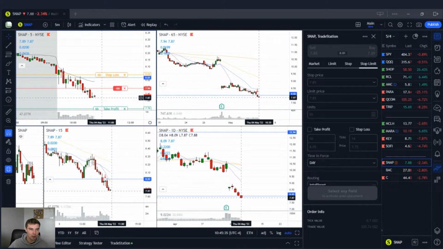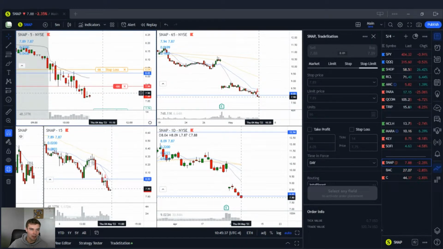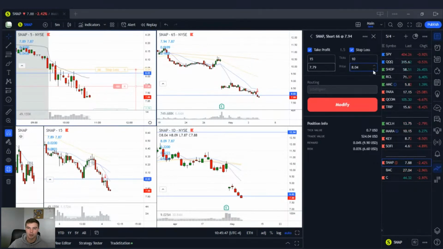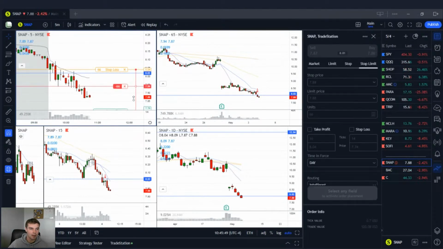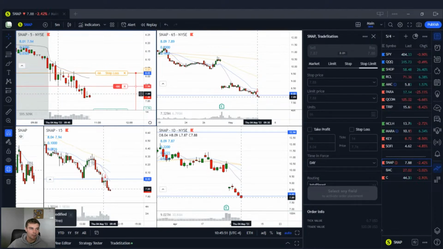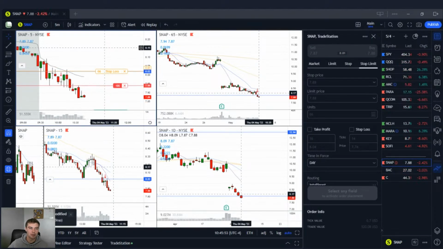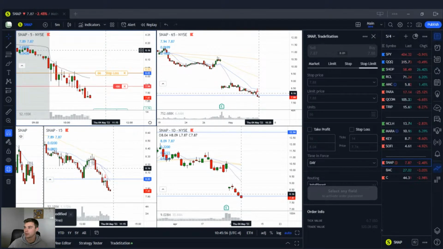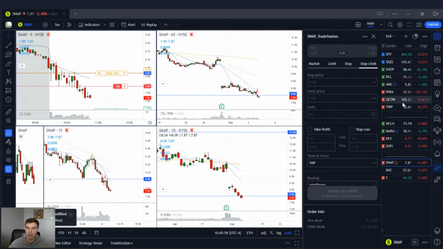Snap still looking good lower. I still think Snap goes lower here. In fact, let me go ahead and lower my stop to 802, guys. That's right at 50% risk, so about a half R risk on Snap open.